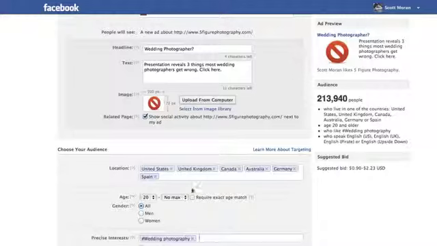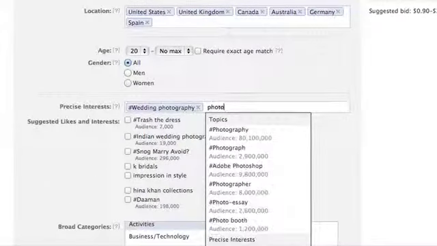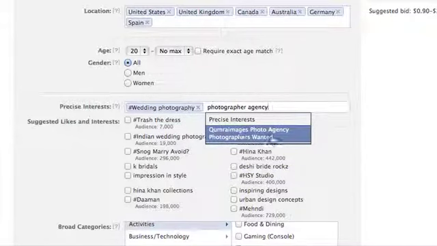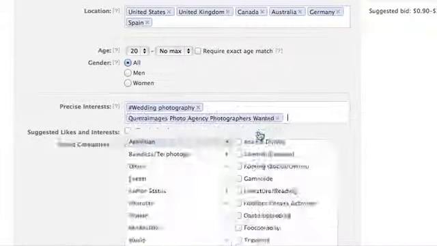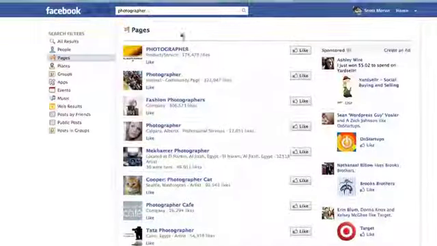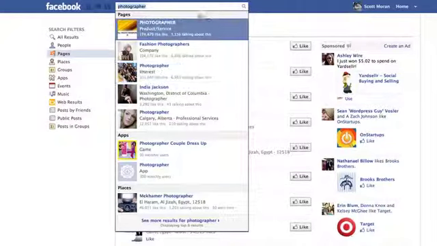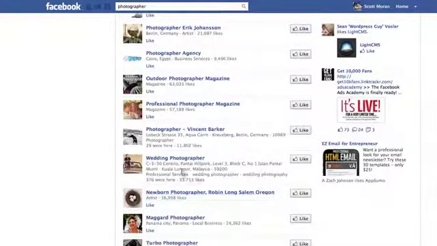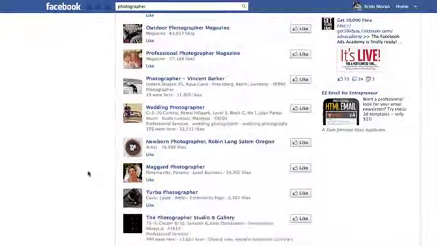Let's see, if we do photographer agency, here's another one, photo agency photographers wanted. There's a ton of these, and all you have to do is spend a little time on Facebook, use this search bar, filter by pages, and then come down and start making a list. Here's wedding photographer right there, 33,713 people that are wedding photographers.